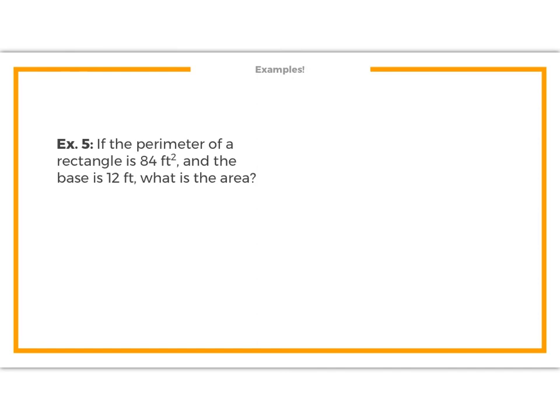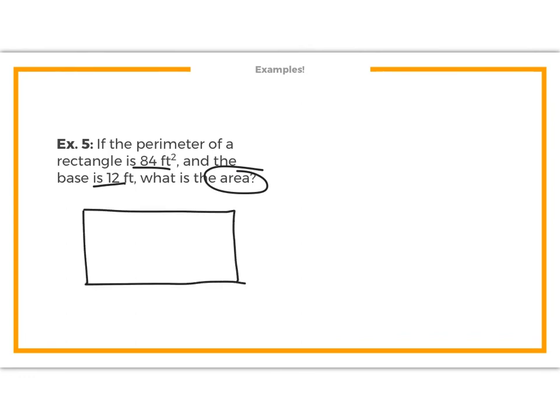Example 5 says, hey, the perimeter of a rectangle is 84 feet. The base is 12. We want to know the area. I'm going to start with a picture. This is my height. This is 12. I know in a rectangle, these sides are the same. So that also has to be 12.